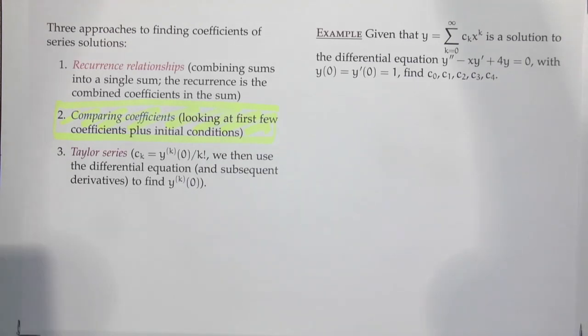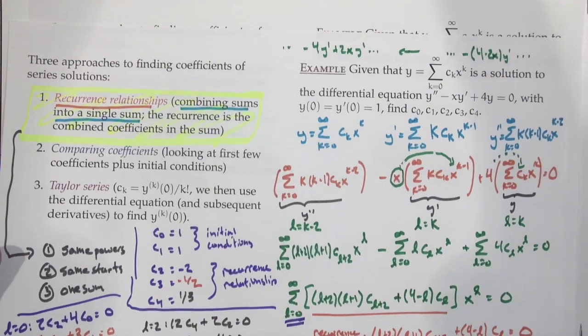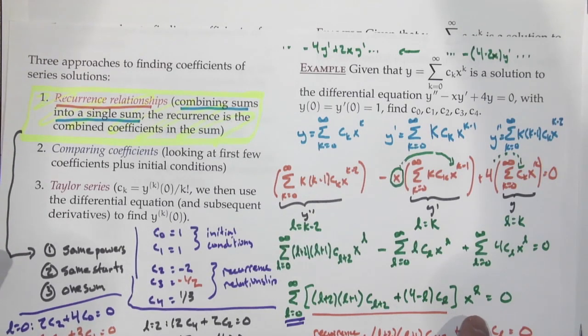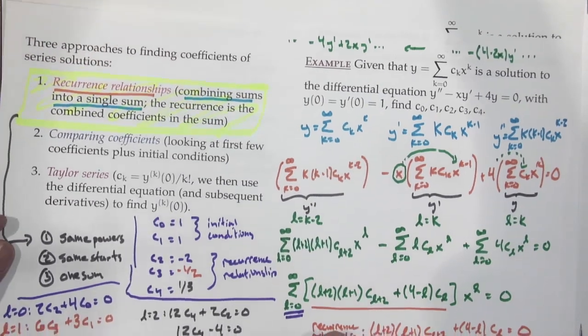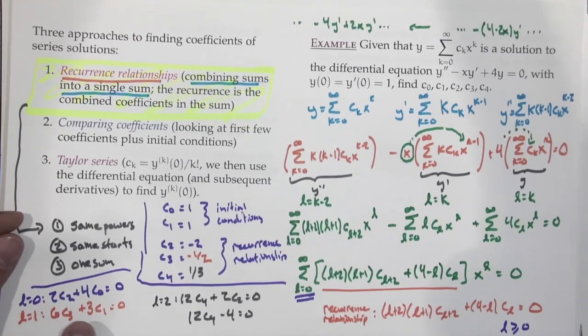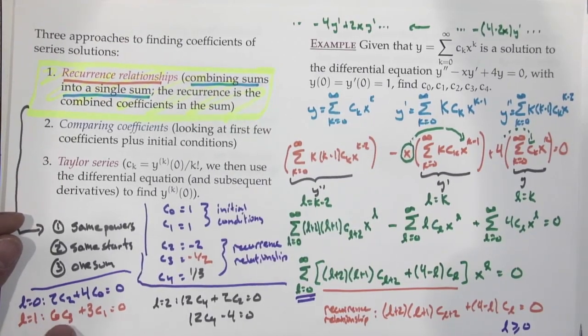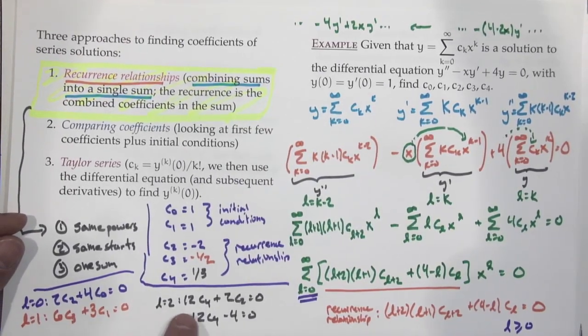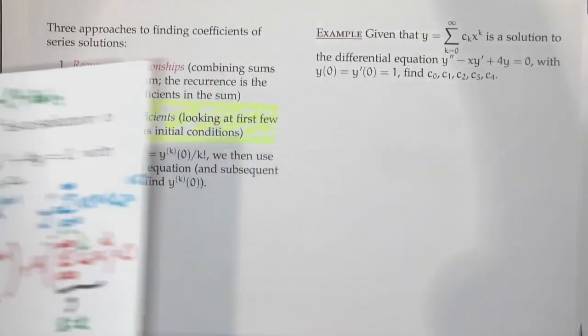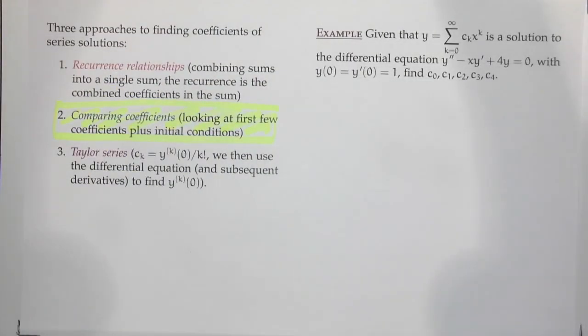If you jump back to the previous problem, all we're really doing is grabbing the coefficients for powers of x. The coefficient for the constant term was when L equals 0, for x when L equals 1, for x squared when L equals 2. If I don't need the recurrence relationship, I can just grab the coefficients I need.